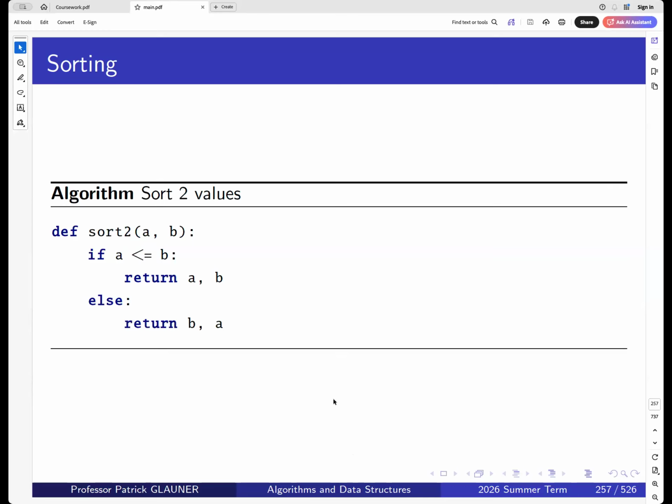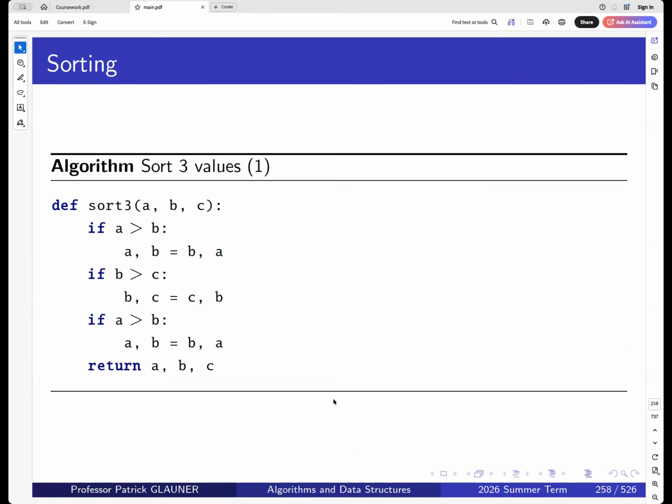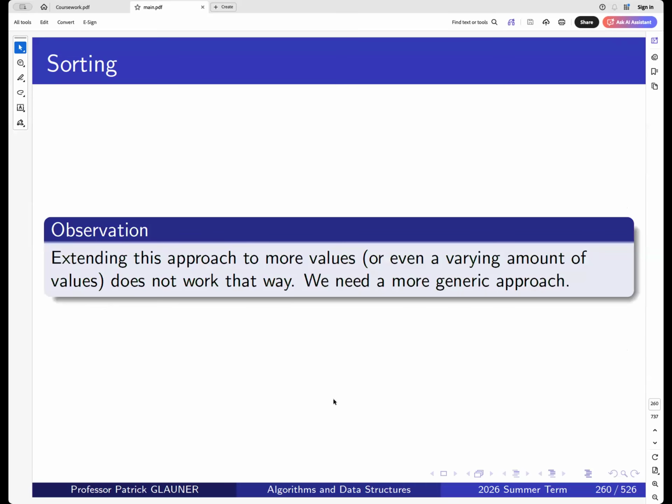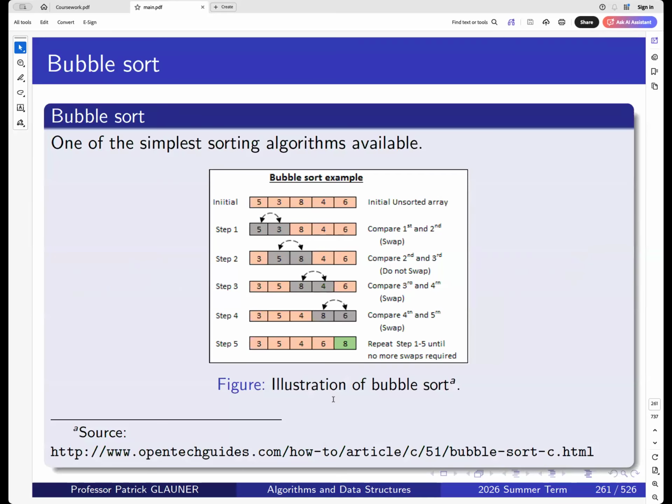Once we have implemented sort 2, sort 3 in 2 variations, actually this will not really scale building it this way. And then maybe I have an 11th value and I need to rethink that logic. So I need to do something different. I need to come up now with sorting algorithms that work for n many values. So we need a more generic approach.